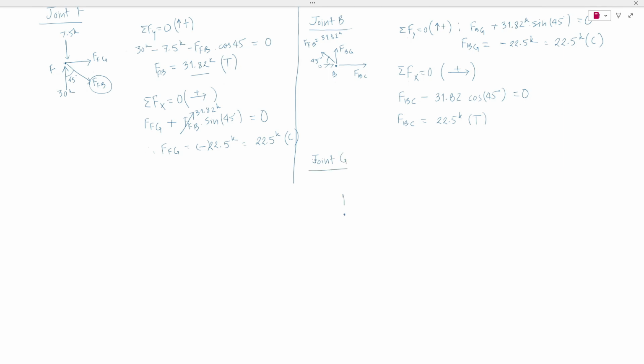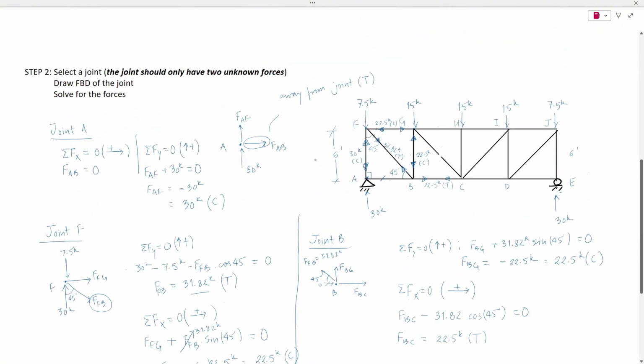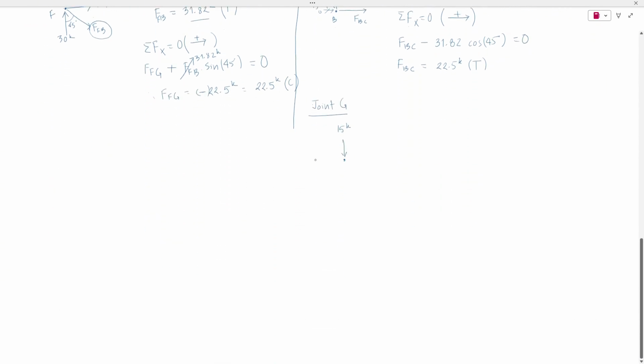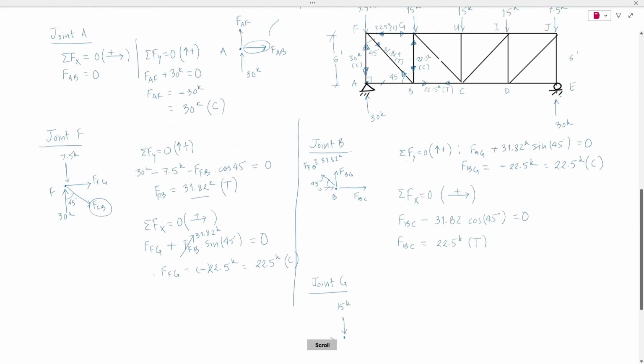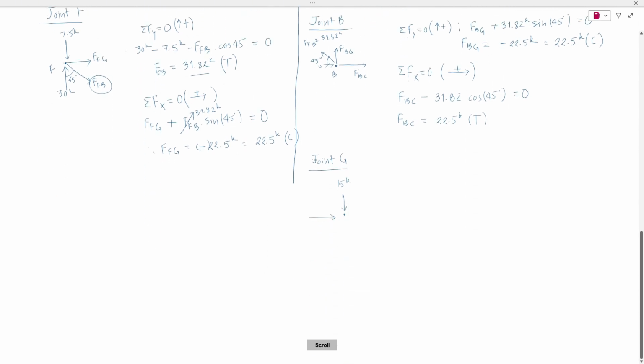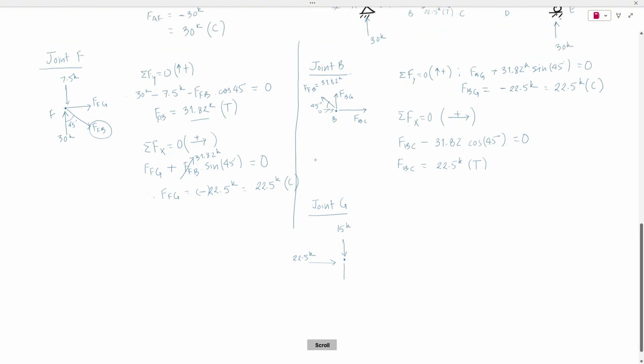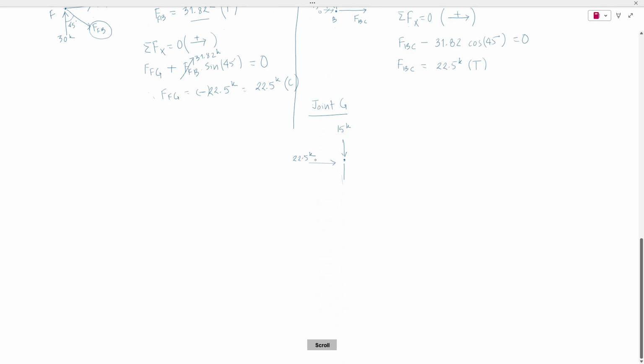At joint G, there is an external applied load of 15 kips, and we have FG, GB, GC, and GH. So we have a compressive load of 22.5 kips, and then we have a compressive load from here, 22.5 kips.